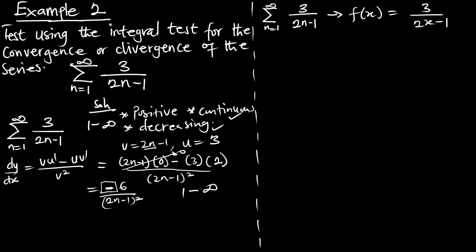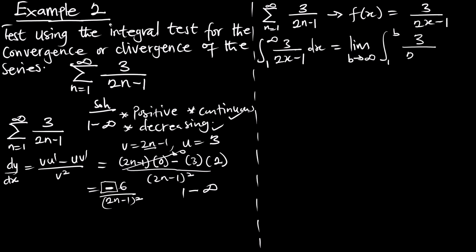Very good. So we have to introduce our limit. First our integral is going to be from 1 to infinity of 3 on 2x minus 1. But since the limit 1 to infinity is improper, we are going to have to introduce our limit as a certain value b approaches infinity of the integral from 1 to b of 3 on 2x minus 1 dx.